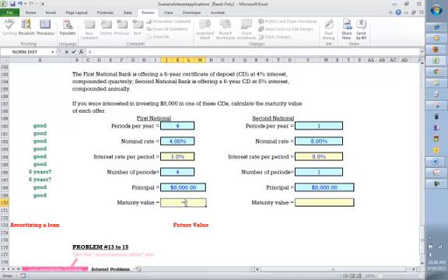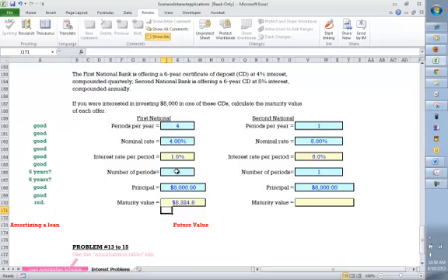The maturity value is the future value of the rate, the number of periods, the payment, which is 0, and make sure you put in a negative sign to get the principal rate, and we get $324.80.